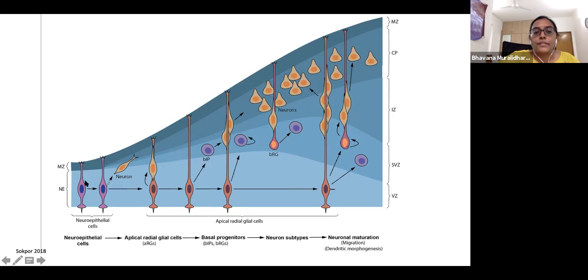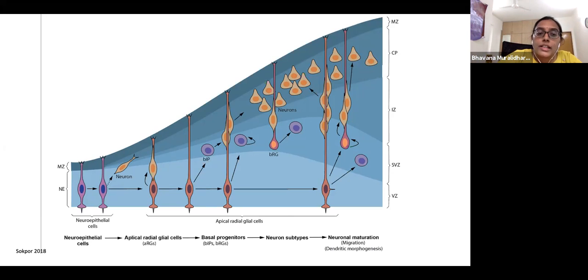So at 10.5, this entire primordium only consists of neuroepithelial cells. These undergo a lot of symmetric divisions, so that before the onset of neurogenesis, you have enough stem cells which can generate or last your entire cortical development. Just to give you an example of how, if this system is compromised, you end up having microcephaly, which is a disorder in which you actually have a small cortex.